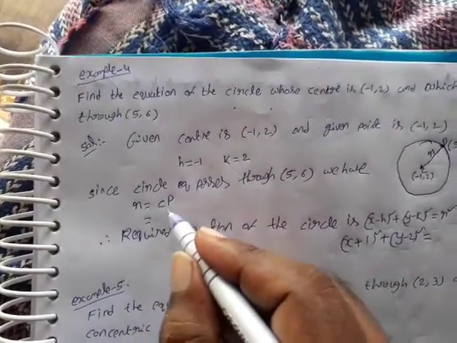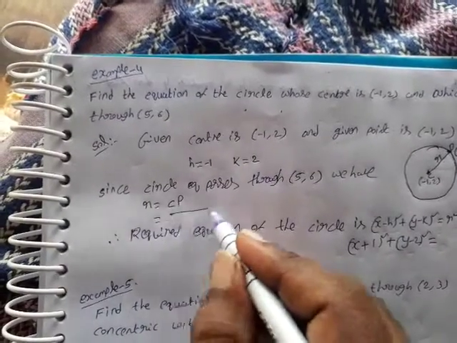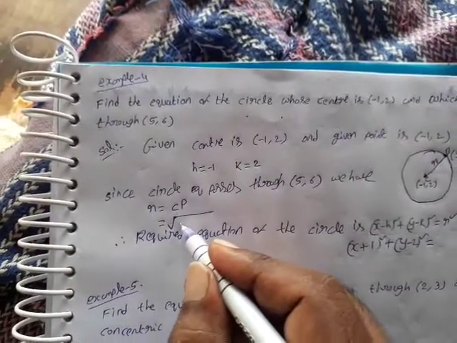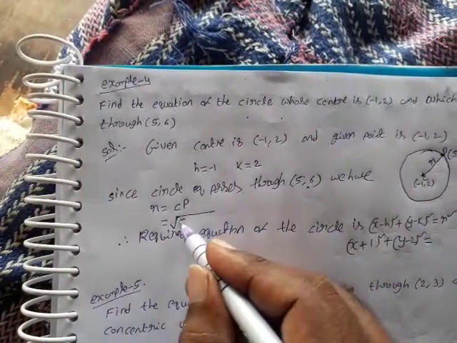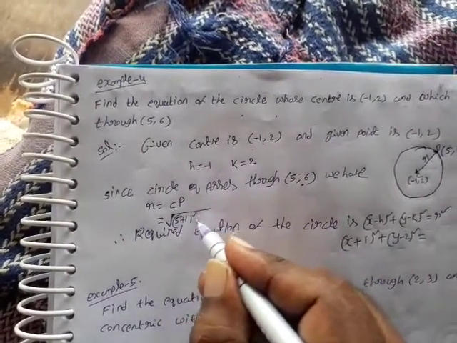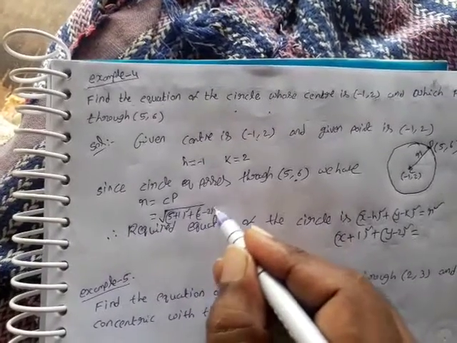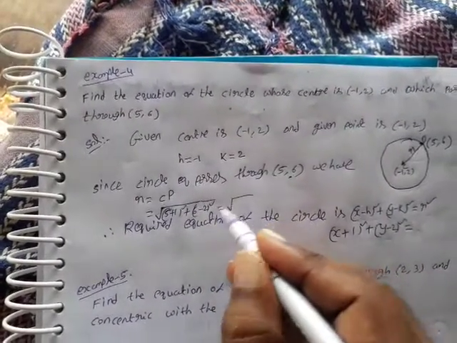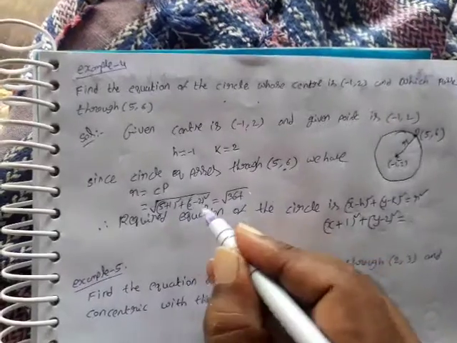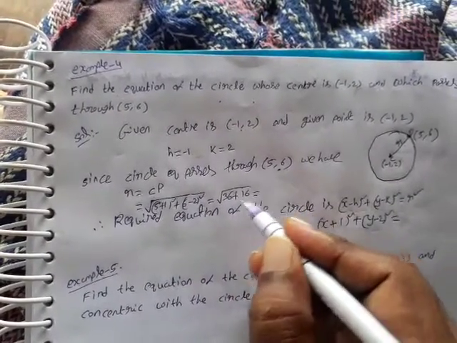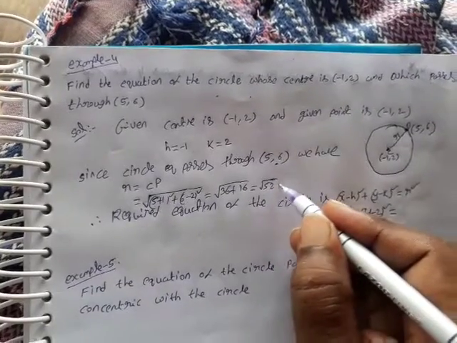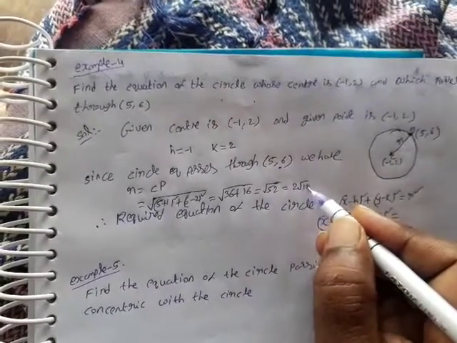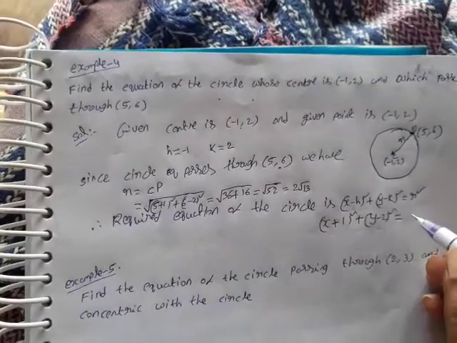That means distance between center and point, that is root of (5 plus 1) whole square plus (6 minus 2) whole square, that is 6 square is 36, 4 square equal to 16. 36 plus 16, root of 52, means 4 into 13, that is equal to 2 root 13. Radius equal to 2 root 13.